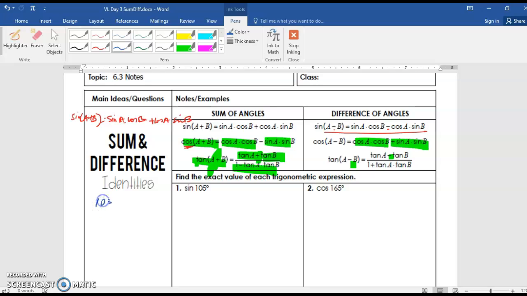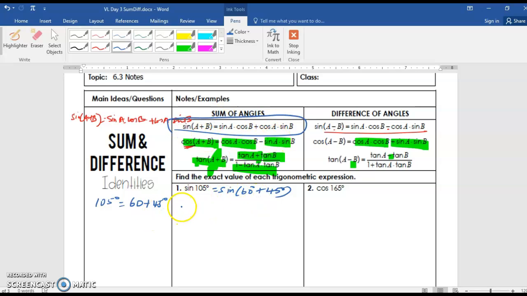So 105 could be thought of as 60 plus 45, right? So that becomes easy. Think of this as sine of 60 plus 45, and then you can apply this here.